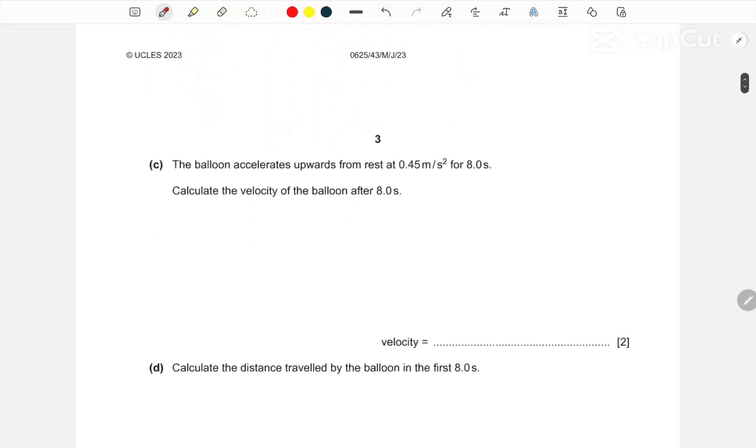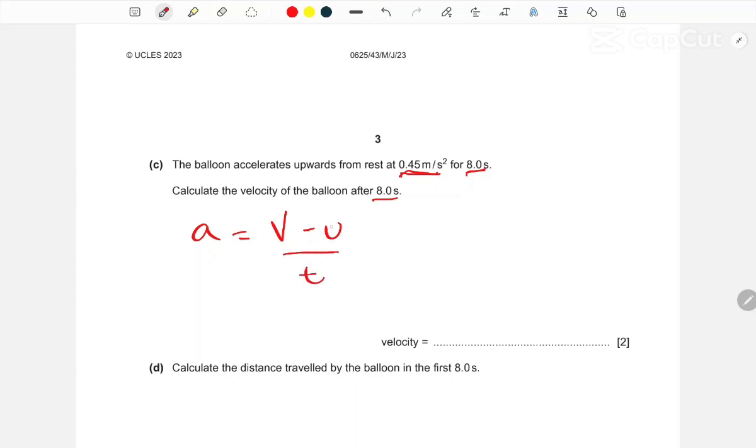Part C. The balloon accelerates upwards from rest at 0.45 meters per second squared for 8 seconds. Calculate the velocity of the balloon after 8 seconds. So on this question, we're given the acceleration and the time, and we're asked to find the velocity. So we know that acceleration is equal to v minus u over t.